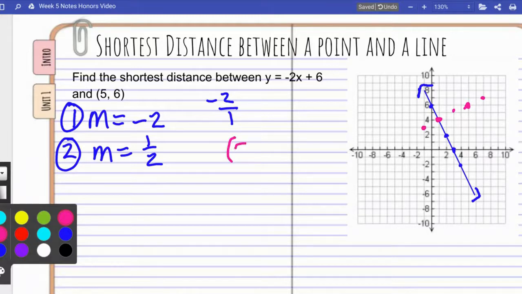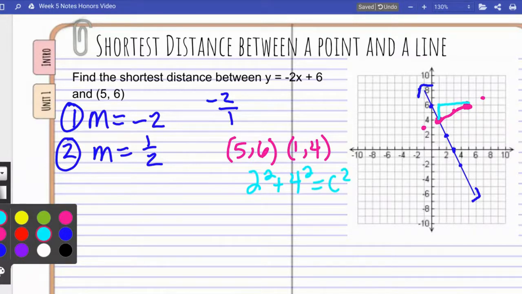So our points are 5, 6 and 1, 4. I want the distance between those 2 points, this distance right here. Some of you like using the Pythagorean theorem, so you count 2 over 4 and do 2 squared plus 4 squared equals c squared.